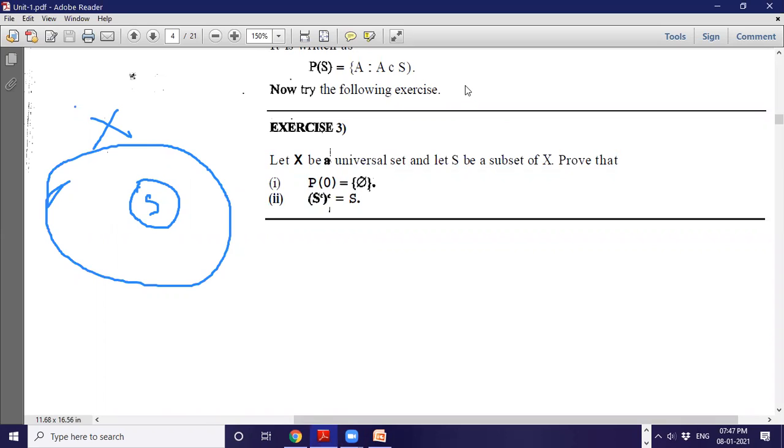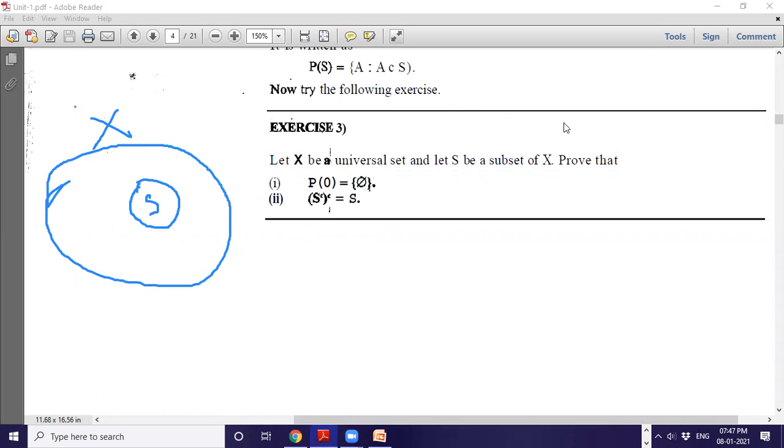Can you tell me? Of course, this portion, right? This portion will be SC, the one I am representing with red color. Okay, this is SC.